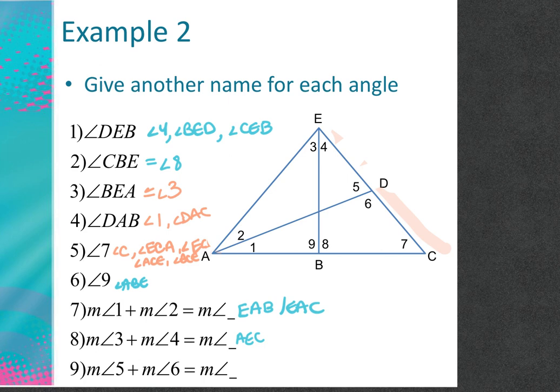And the measure of angle 5 and 6 would actually be this full straight angle, angle EDC, or it could have been 180 degrees.